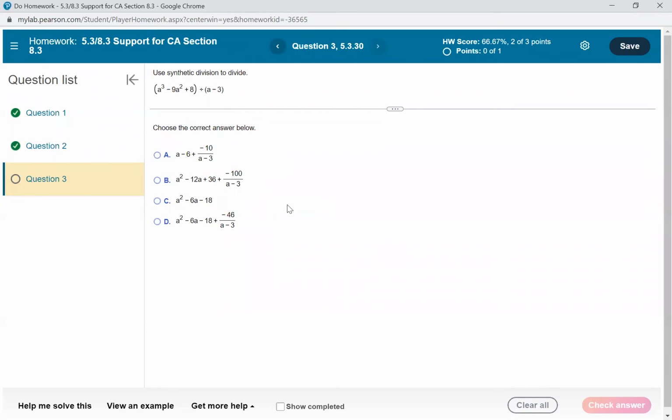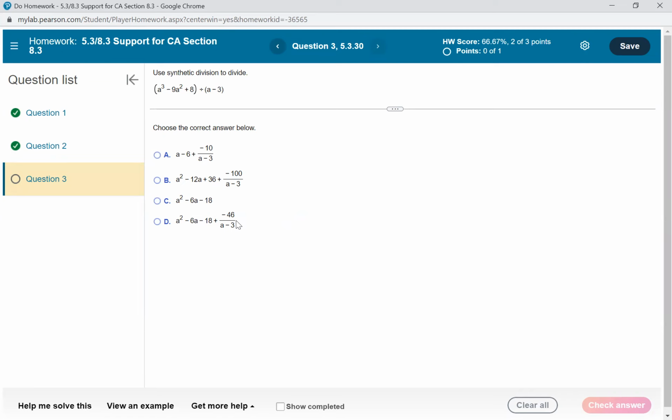So y'all, I hope I'm getting something like that on Math Lab, so let's go see. So we had a remainder of 46. And actually, they do a plus and then the minus 46. So either way would work over a minus 3. But you can tell they all got a minus 3 on the bottom. So we had an a squared minus 6a minus 18 plus our remainder, which was negative 46 over a minus 3.